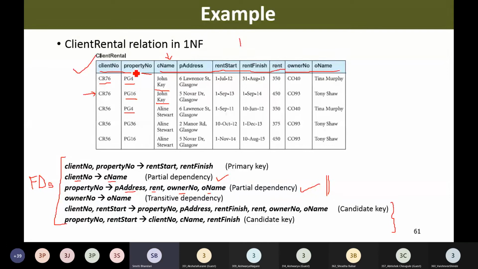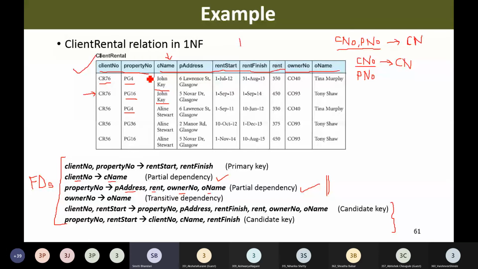So in fact, client name is dependent upon client number. So client number, property number, though it is my primary key, the proper subset of this primary key, that is client number, also determines client name.